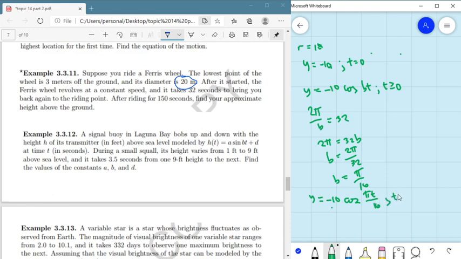When t is equal to 150, we replace t with 150. So y therefore is equal to negative 10 cosine of 150 pi over 16.